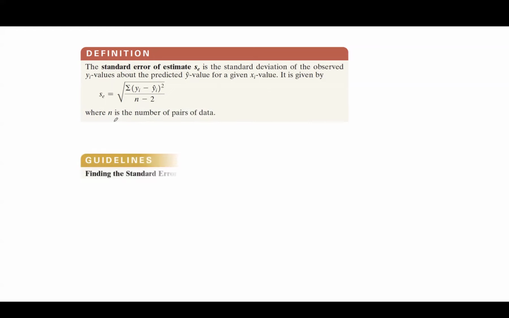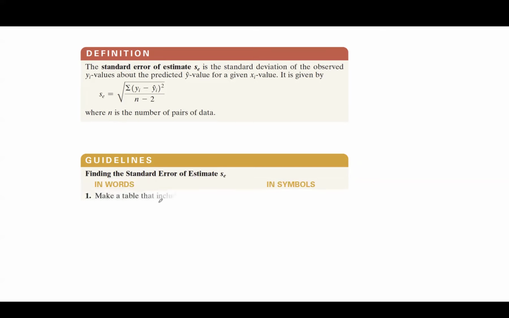To find the standard error of estimate, these are the steps that you're going to take, in words and then in symbols. First of all, you can make a table that includes the 5 columns, including xi, yi, yi hat, the predicted y value. So you need to calculate these separately, find the deviations between the actual y value and the predicted y value, and square them.